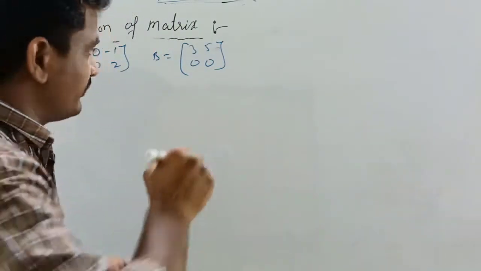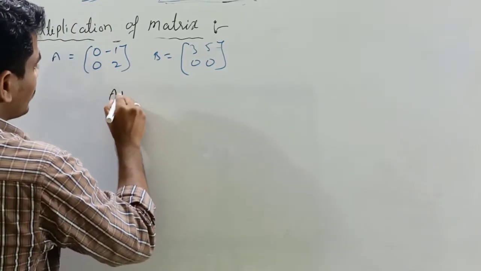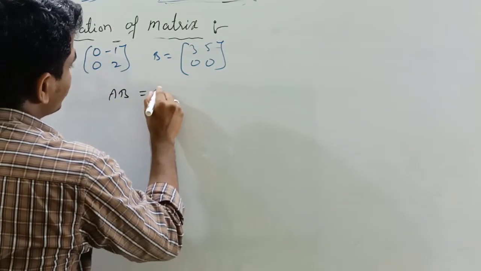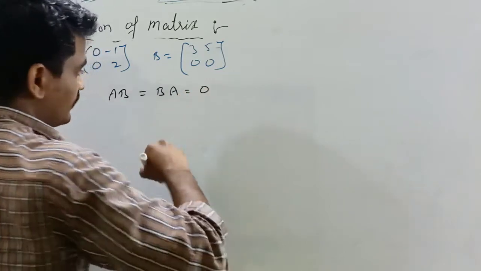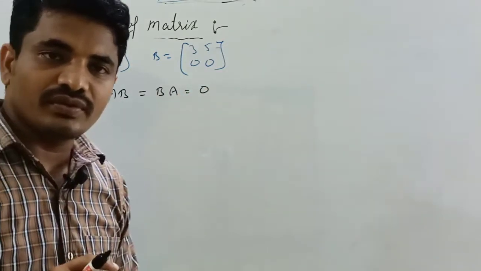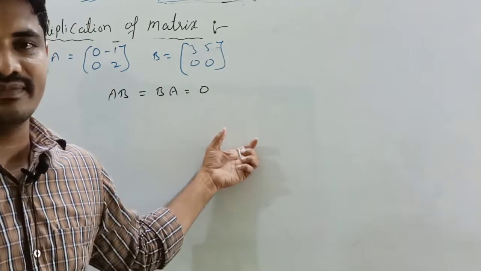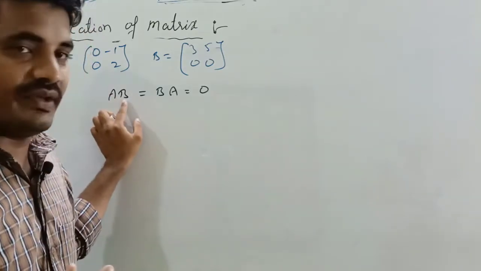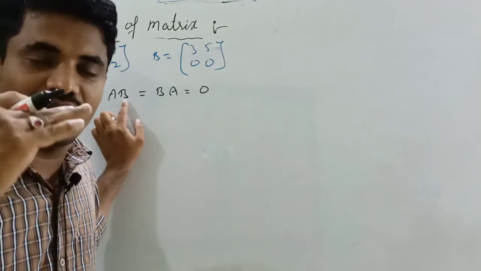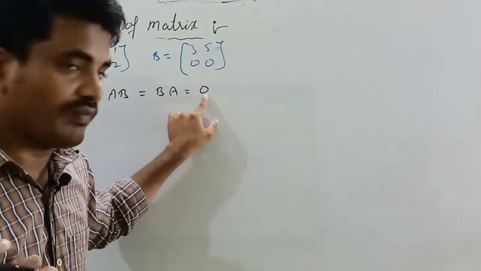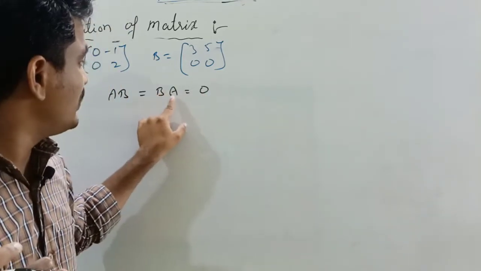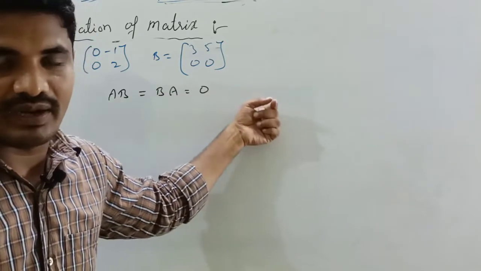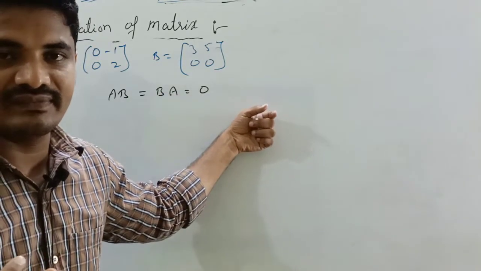And the next point is what? If AB equals BA equals 0, what does 0 mean? It is a null matrix, or empty matrix, we call it. When you multiply A and B, that gives a null matrix, and B into A also gives a null matrix.